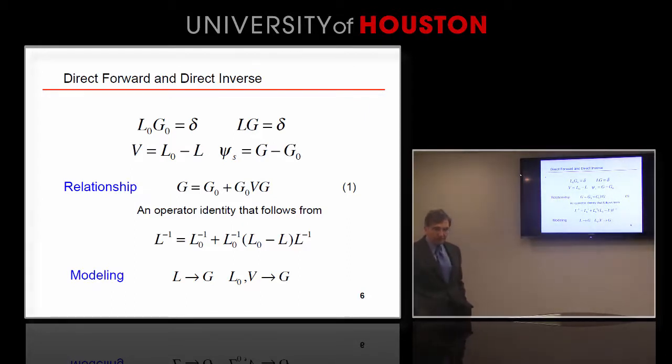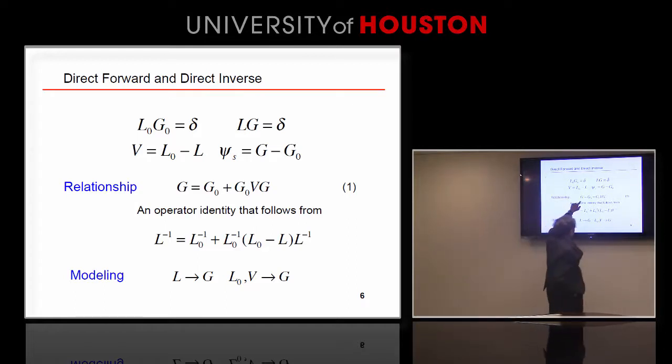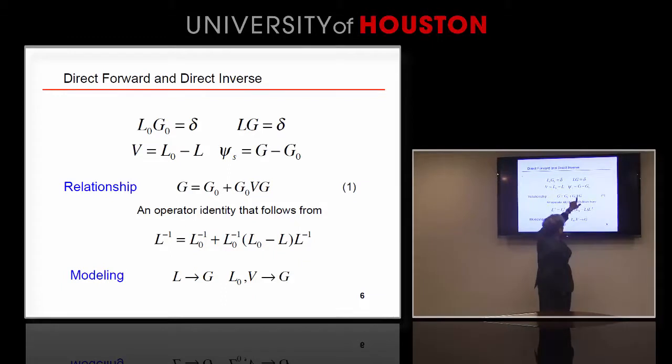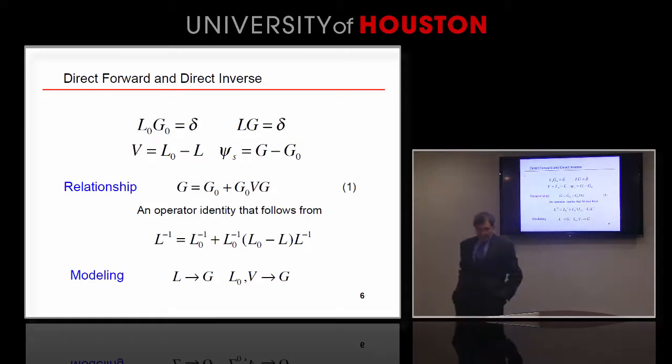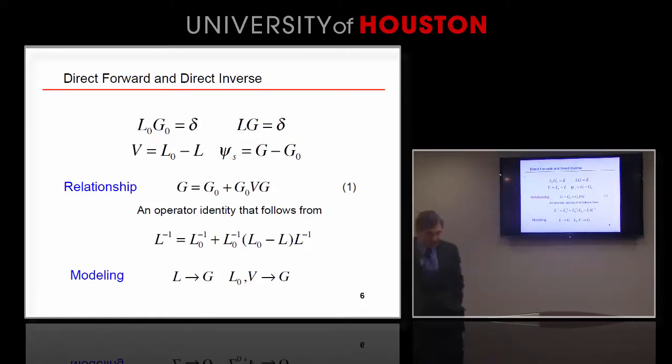Equation 1 is a 100-year-old formula, an operator identity that relates the wave fields G and G0 and V, where V represents the difference in medium properties that govern the propagation of G0 and G. You can see this simply from the operator definitions. That form, equation 1, is called the scattering equation or the Lippmann-Schwinger equation in different applications.